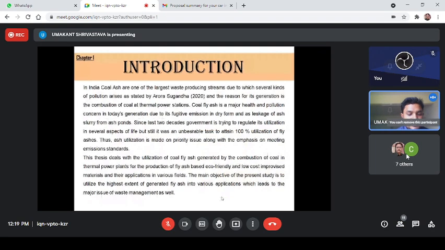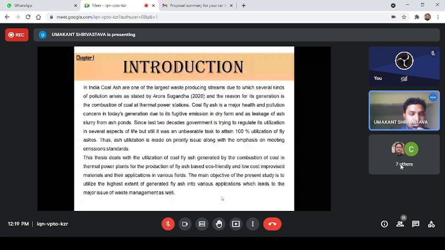Since we are concerned with the utilization of fly ash by preparation of application-based materials, for the last 2 decades we have been trying to use it in all possible applications, like in construction of bricks, concrete, and roads. But we are unable to attain its 100% utilization and have achieved around 60% utilization of its whole generation.